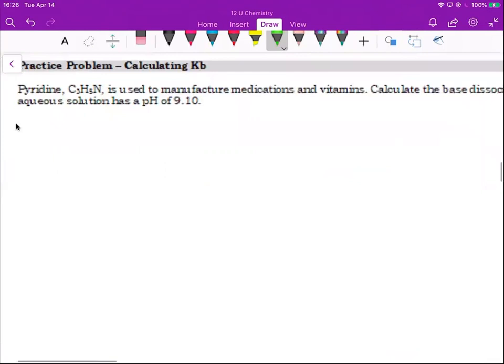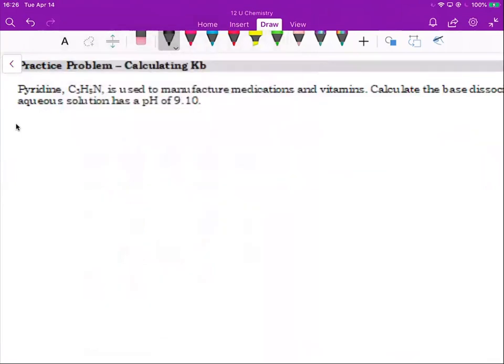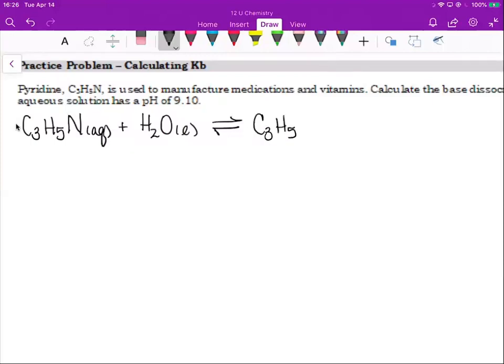C5H5N. What color do I want to use? I'll just use black. So if it's C5H5N, remember I was saying that these organic bases, they usually have hydrogen. We actually don't even have to write out this, but I'm showing you how it would work.